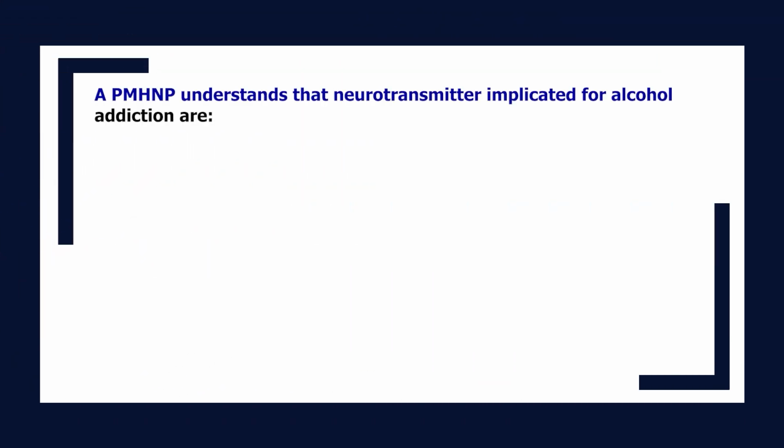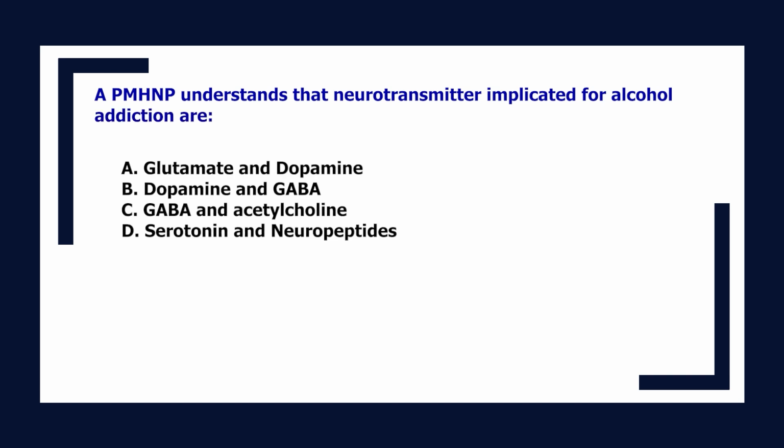A PMHNP understands that neurotransmitters implicated in alcohol addiction are: A. Glutamate and dopamine. B. Dopamine and GABA. C. GABA and acetylcholine. D. Serotonin and neuropeptides. The answer is A. Glutamate and dopamine.